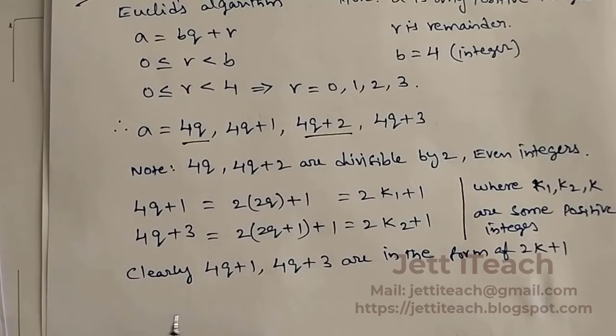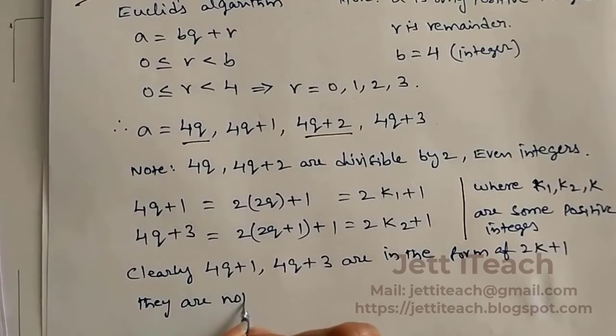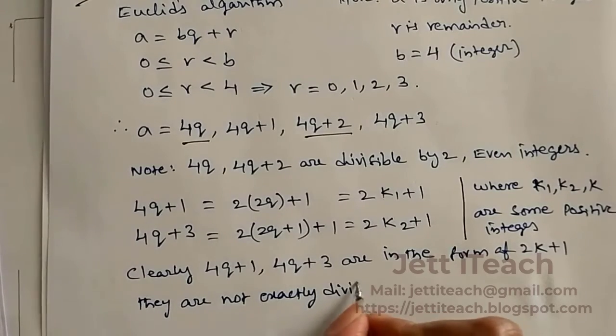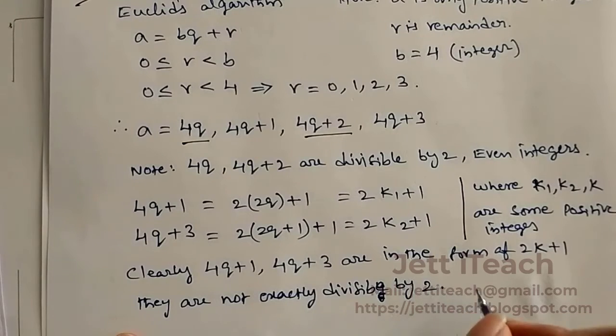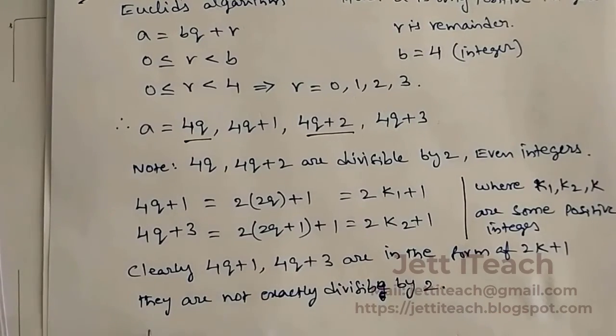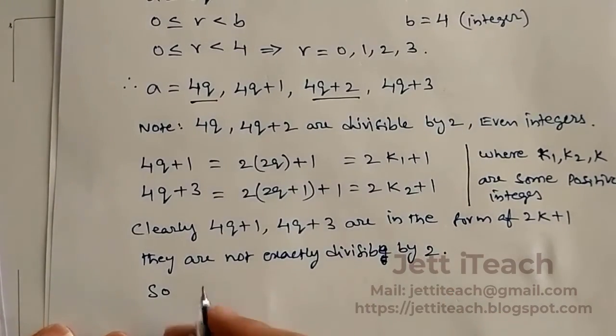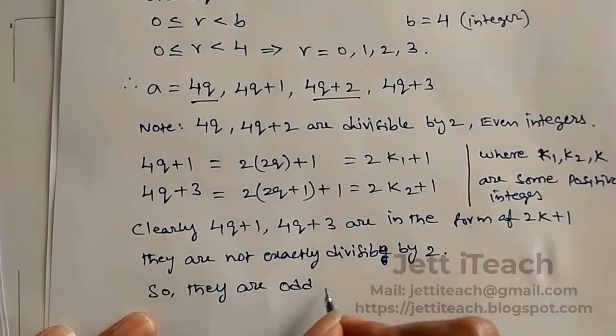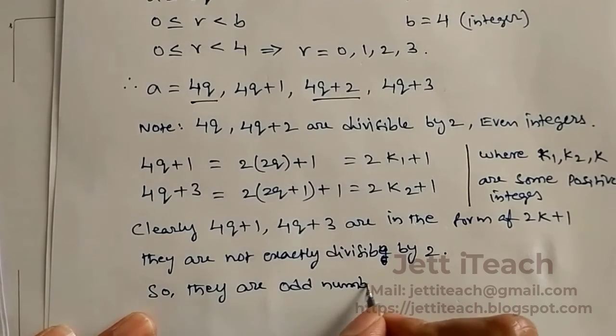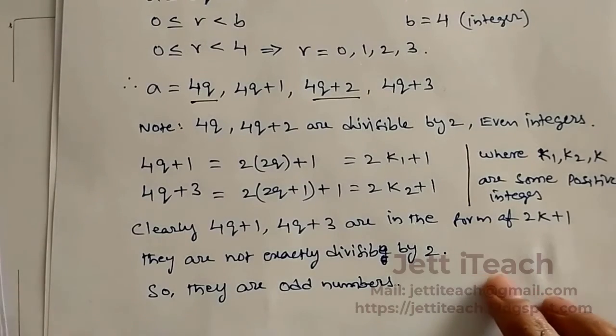So they are not exactly divisible by 2. So they are odd numbers, or odd integers.